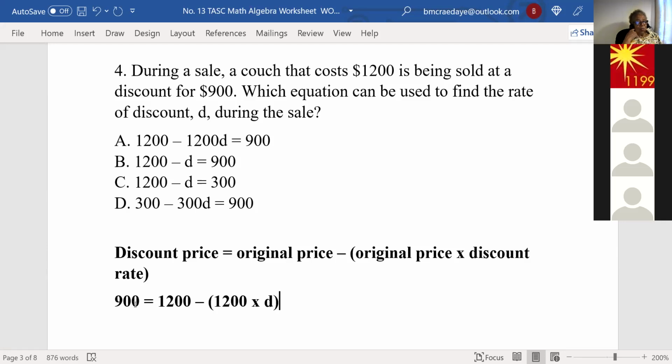Now, which one of those equations has 900 equal 1,200 minus 1,200 times D?